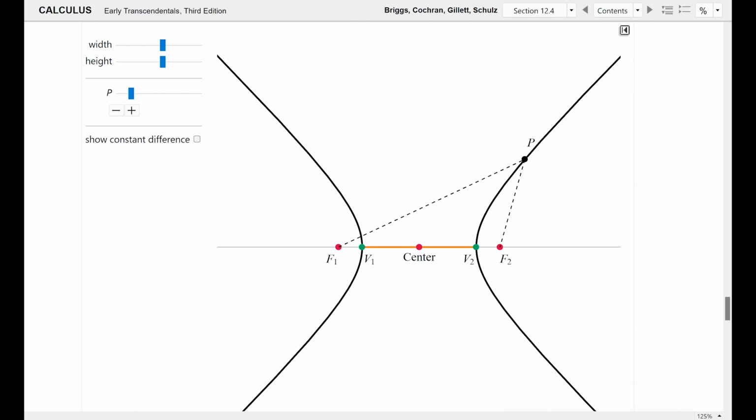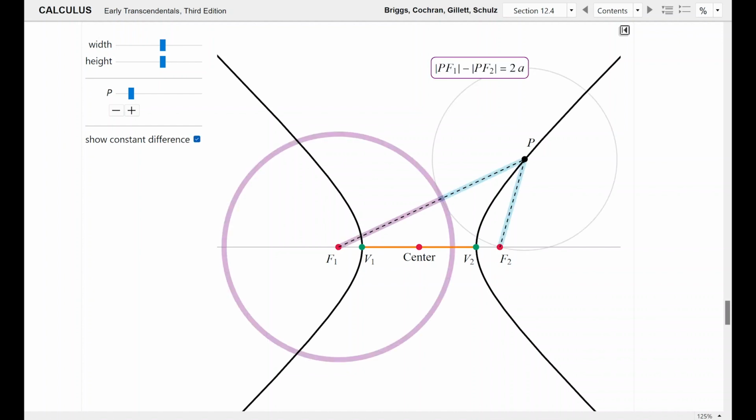And to get an idea of how this constant difference between the foci looks like, take a look at that. So you have the dotted lines, that's the distance to the point on the hyperbola.